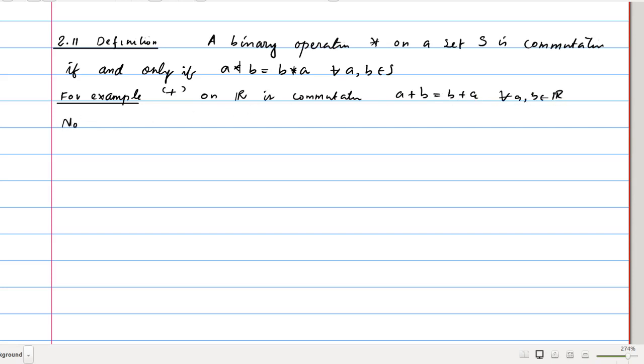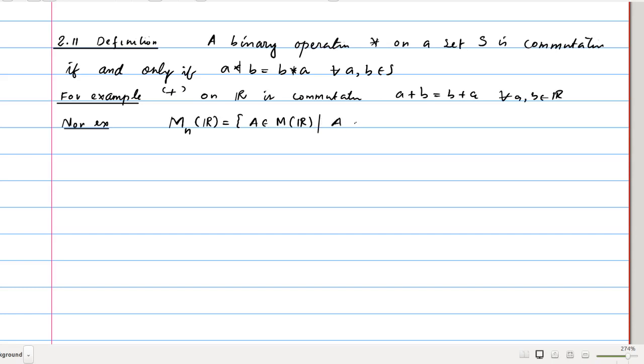Now for a non-example, we consider the set of all matrices of order n. That is denoted by this. Please note these symbols. We will later use these symbols. M of R is the set of all matrices whose entries come from the real numbers, and this is a special type of matrices whose order is n.